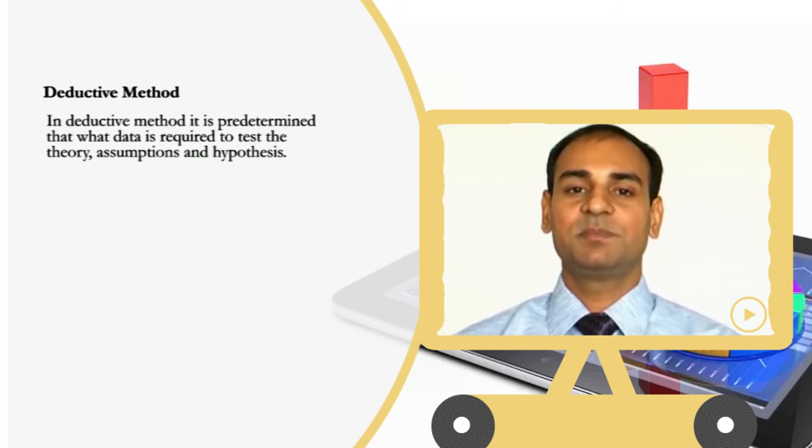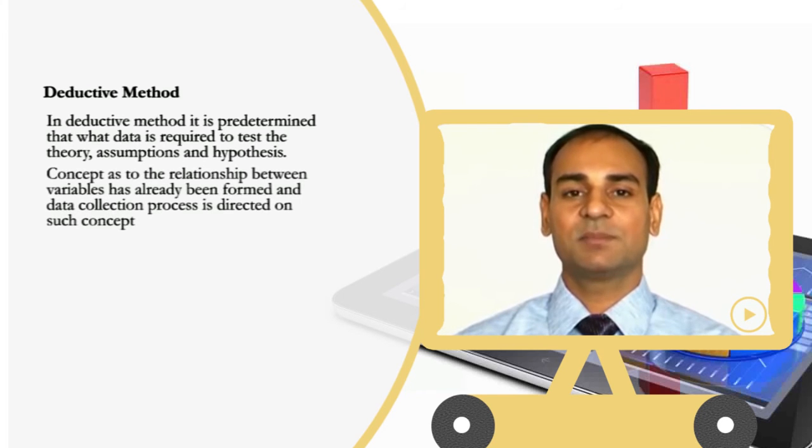And this deductive method suggests the way of investigating the facts in the light of such a hypothesis. In the deductive method, it is predetermined what data is required to be investigated for the particular research, and on the basis of that investigation, the concept of relationship is approved or disapproved by the researcher.